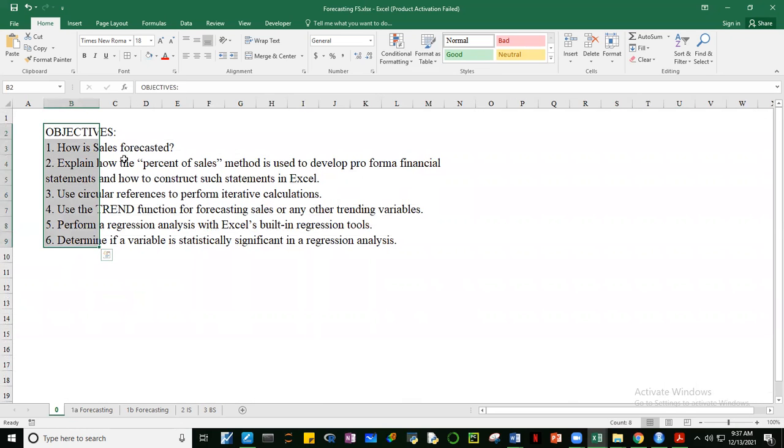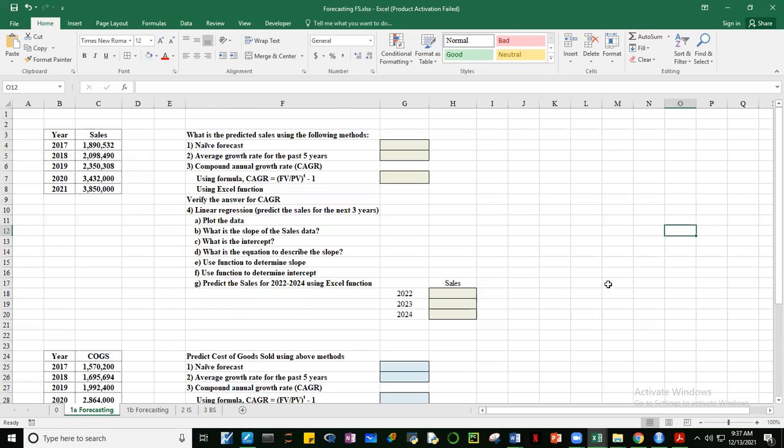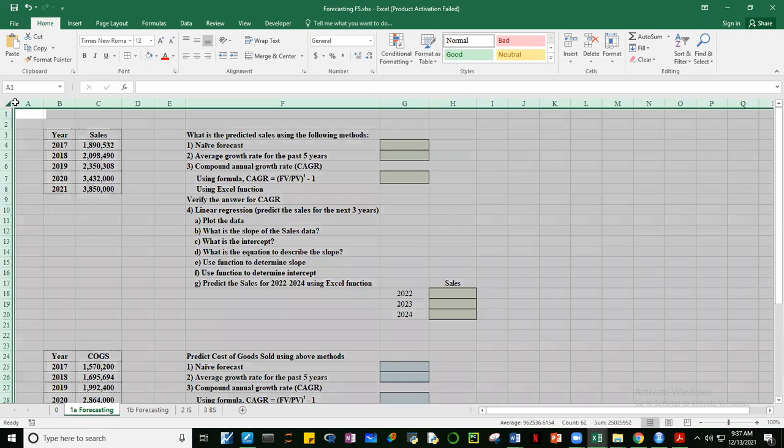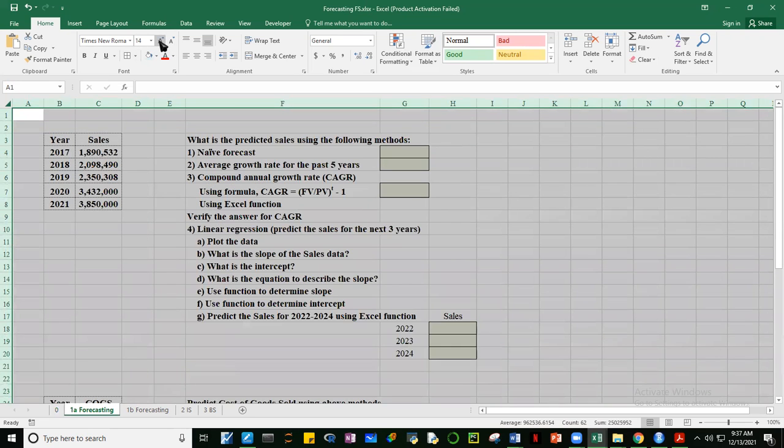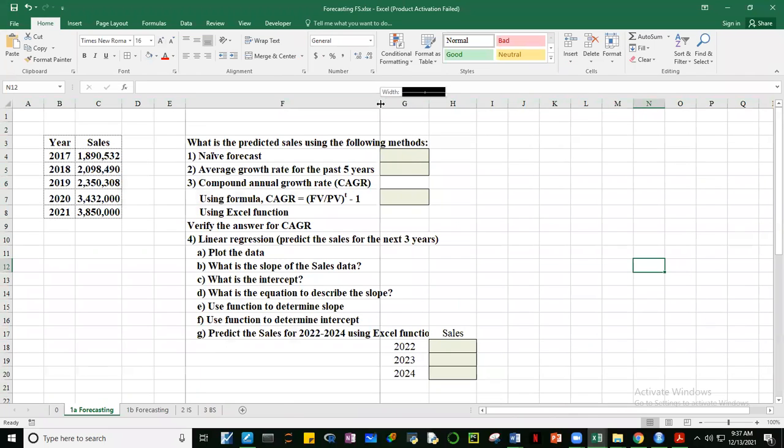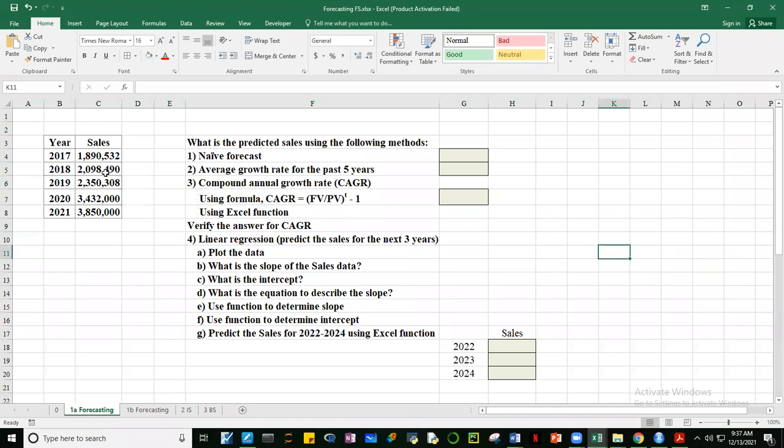We'll be answering number 1. How is sales forecasted? What are the different ways by which we can forecast sales? Let me increase the font so that you can see. Okay, so we're given the year and the sales.